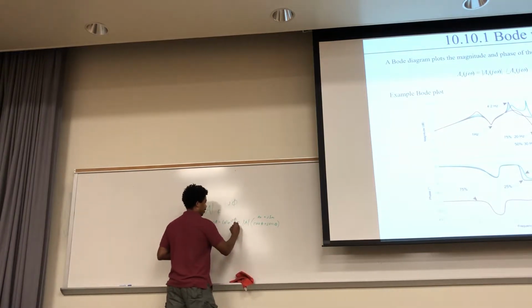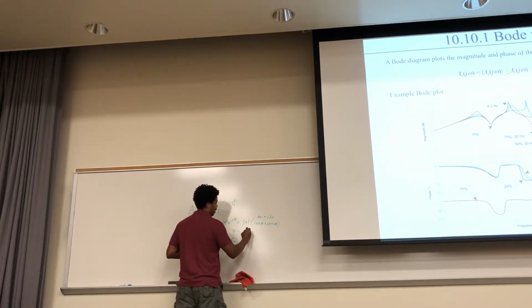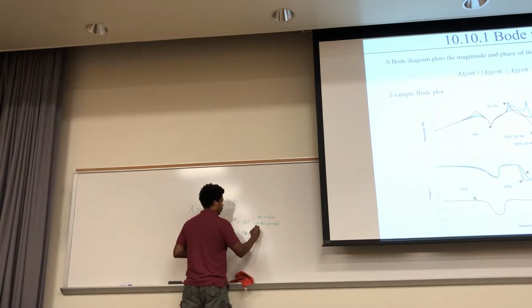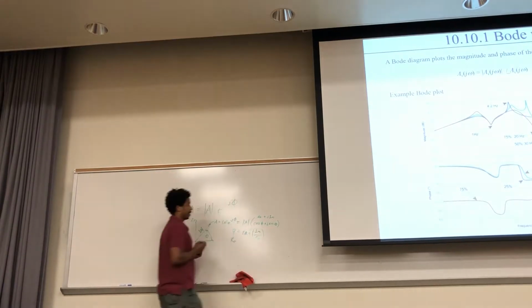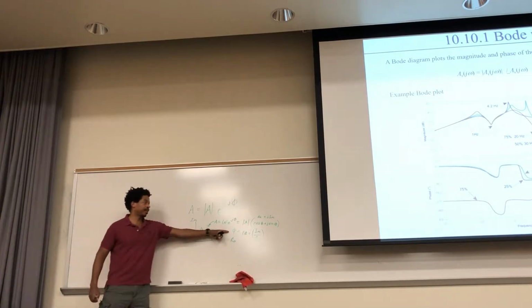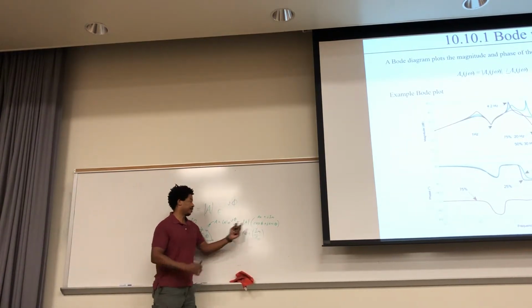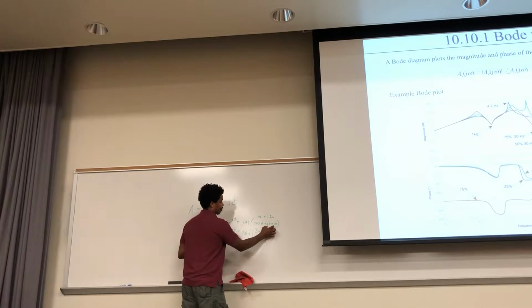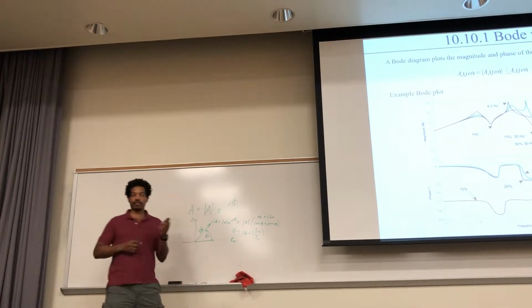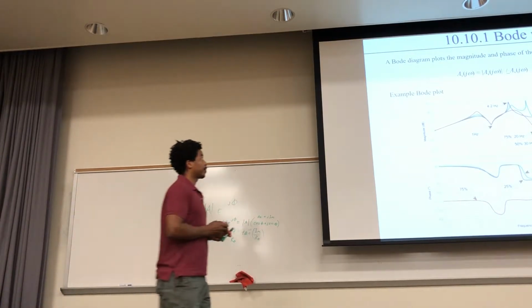And this phi here is the inverse tangent of the imaginary part over the real part. That's how you determine phi. So if this is the real part and that's the imaginary part, the ratio is going to give you your phi.